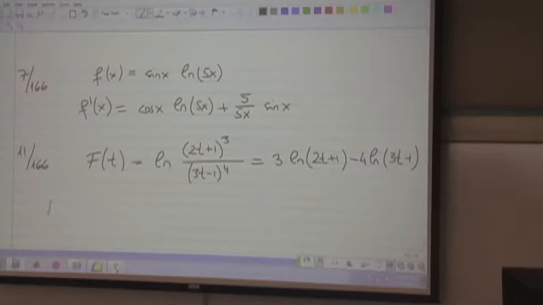So now when I come and say what's f prime of t, my problem should be much simpler, right? Shorter way or longer way?